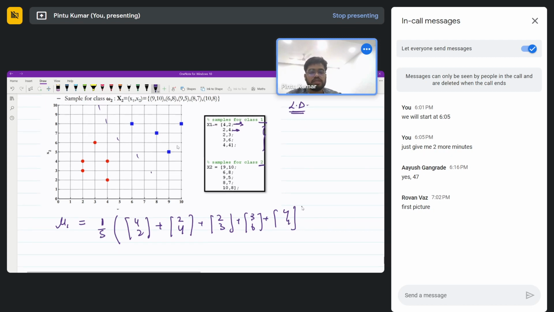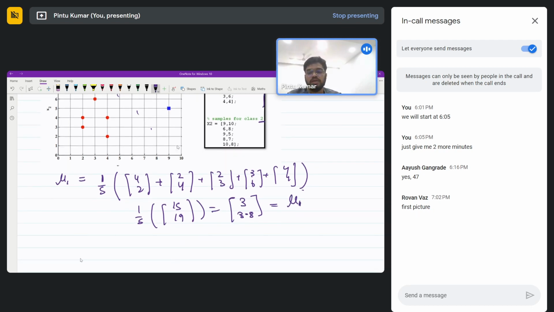So the first component is 4 plus 2, 6, plus 2, 8, plus 3, 11, plus 4, 15. So this is 1 by 5 times 15. The second component is 6, 9, 15, 4, 19. So this is 3 and 3.8. This is the value of mu1 that you will get.